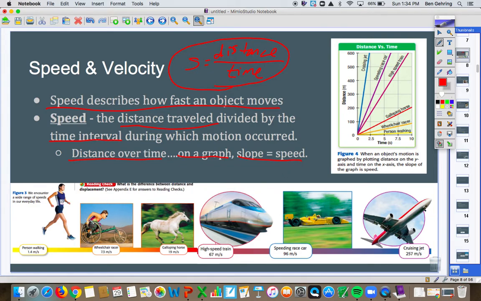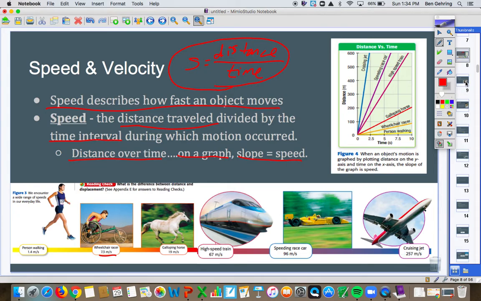Down below here are just some examples of different speeds that objects travel at. For example, a person walking might travel 1.4 meters per second. A wheelchair racer might be 7.3 meters per second. A horse would be 19. A high-speed train would be 67. A race car would be 96, and a jet can be upwards of 257 meters in 1 second.